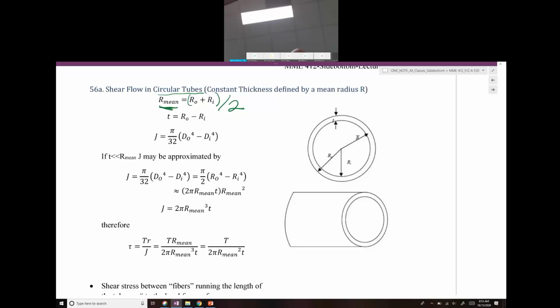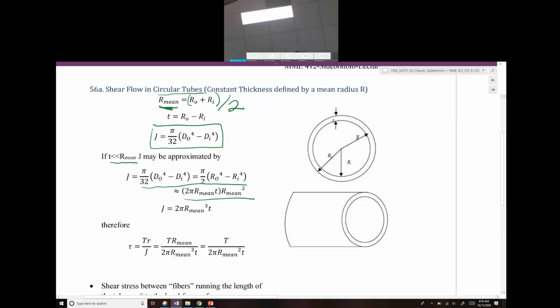And then for a polar moment of inertia, we could define our moment of inertia using this equation here, where we subtract the polar moment of inertia of the inner diameter from that of the outer diameter. So if the thickness is much smaller than the average radius of our section, we can approximate our polar moment of inertia by setting our polar moment of inertia equation equal to this value here.